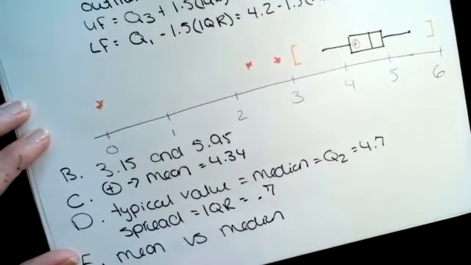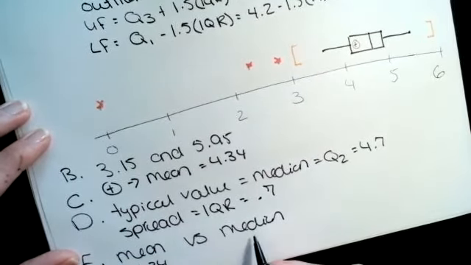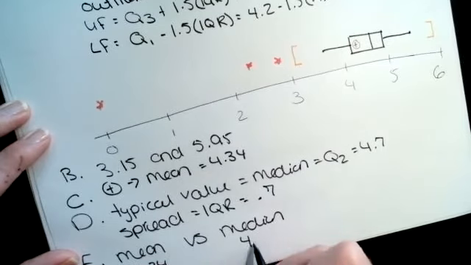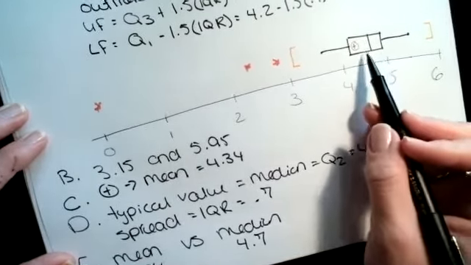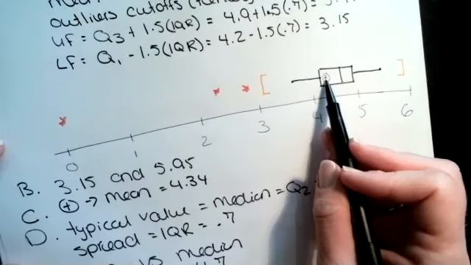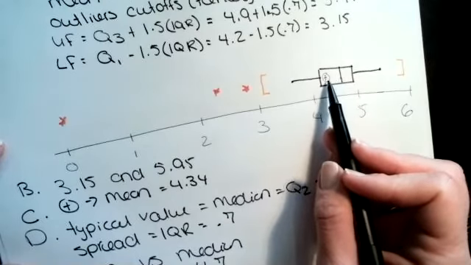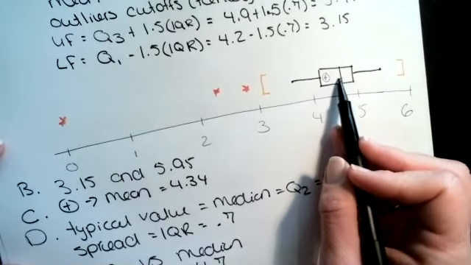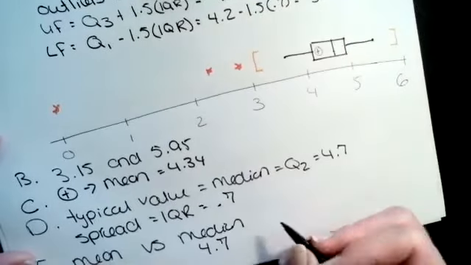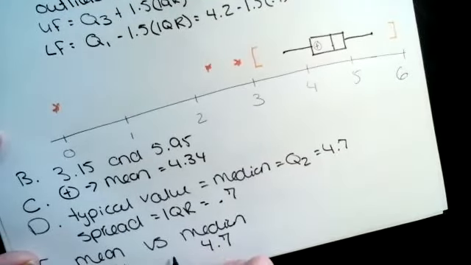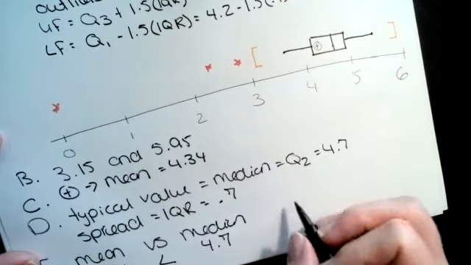So here my mean is 4.34. My median is the 4.7. You can see it up here. Look how far the mean is to the left, right? It's really pulled to the left. I'm going to go ahead and say that this is skewed left because the mean is less than the median.